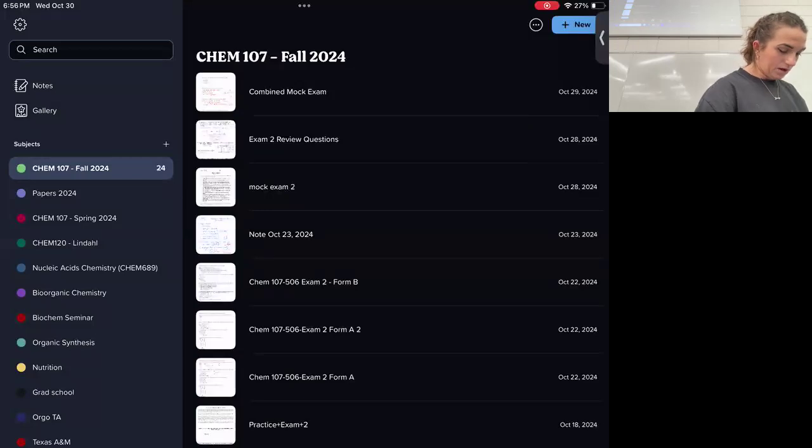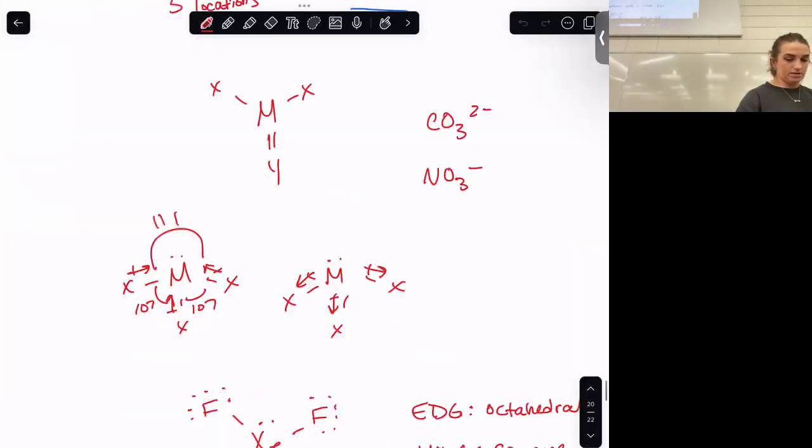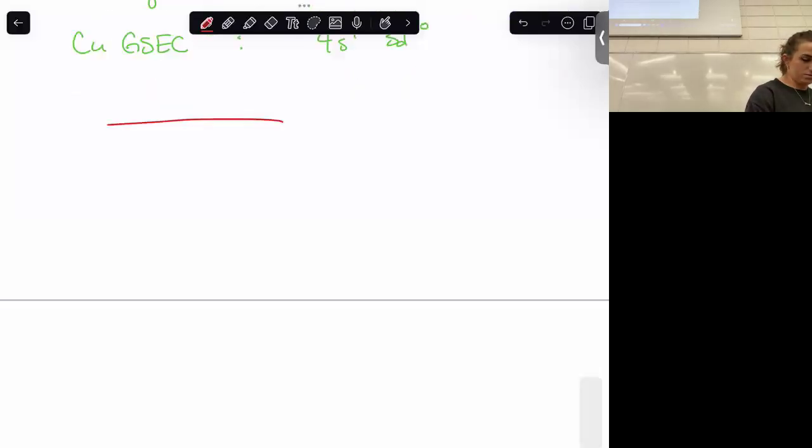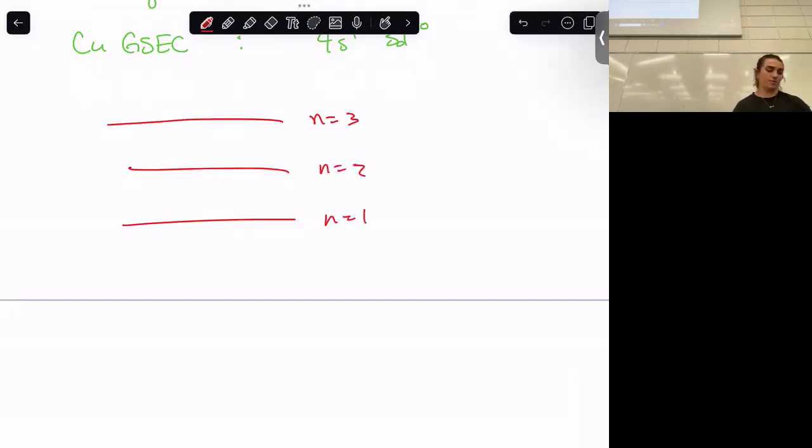So when you're looking at transitions, when you're looking at this transition here, the transition from 1 to 2 and 2 to 3, E2 to 1 plus E2 to 3 is going to be equal to E3 to 1.